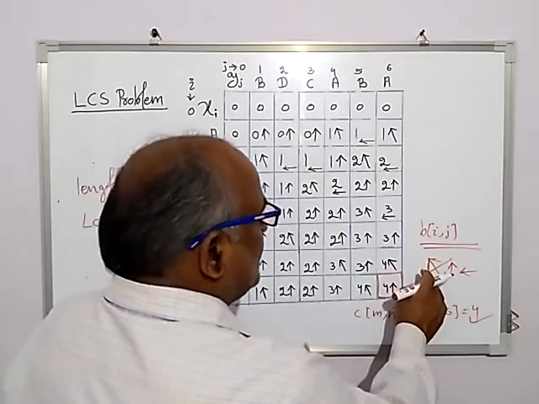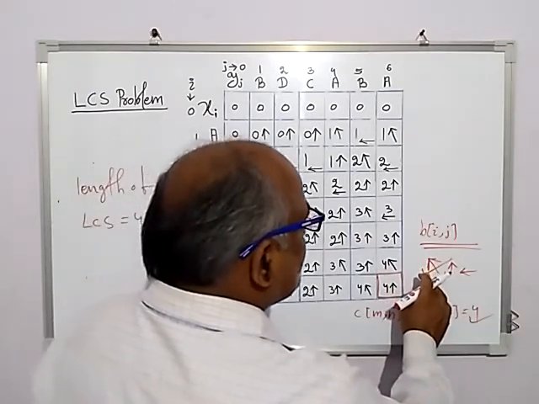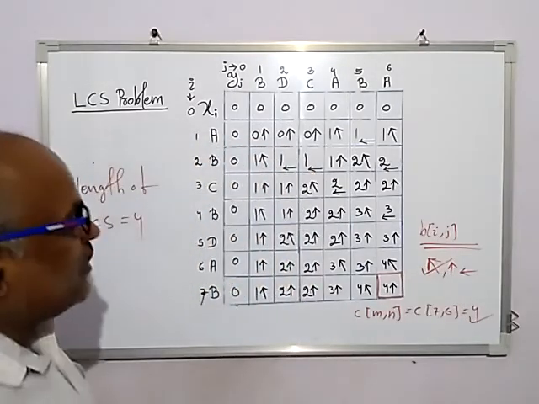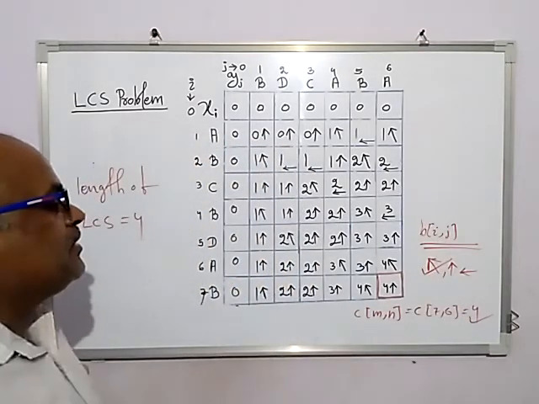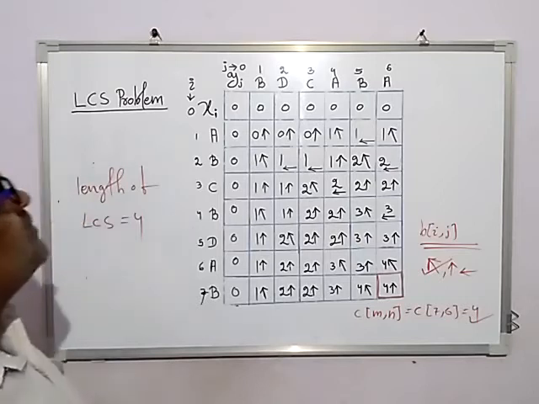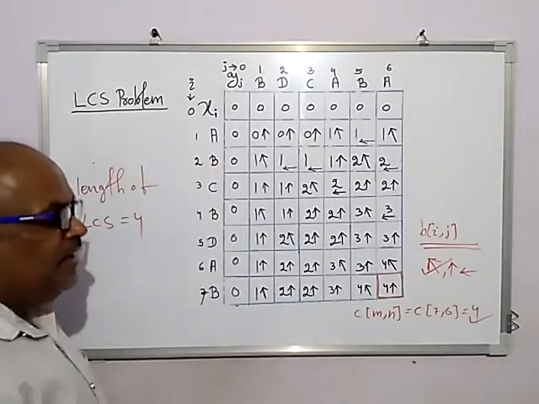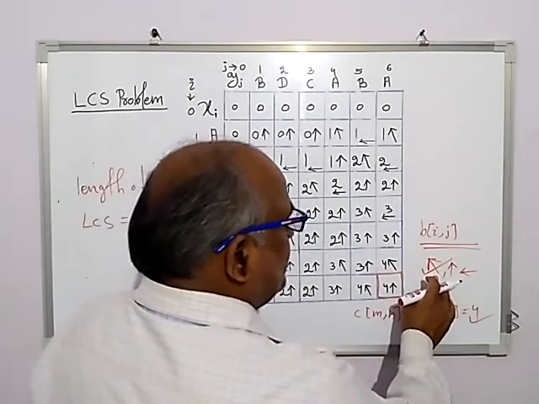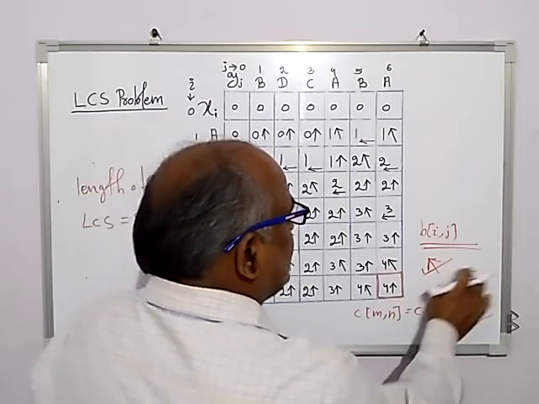Each slanting arrow on the path corresponds to an entry for which xi equal to yj. At that time, that letter represents the LCS letter.